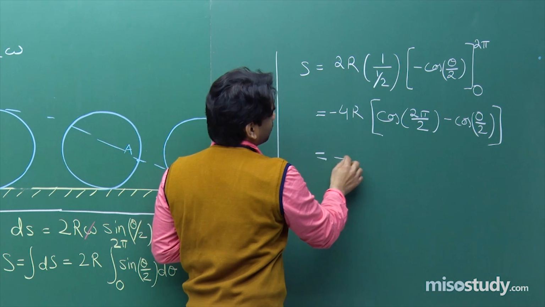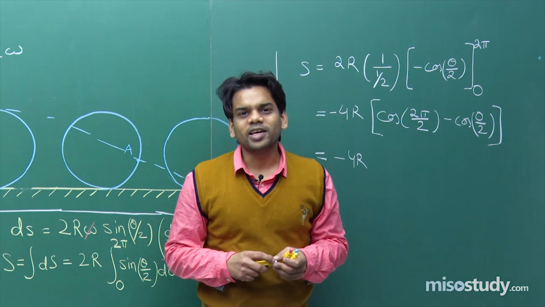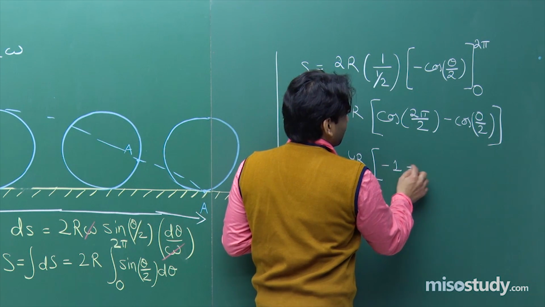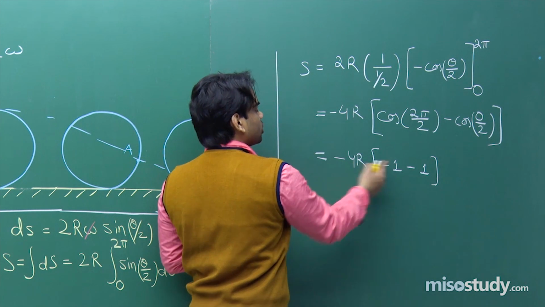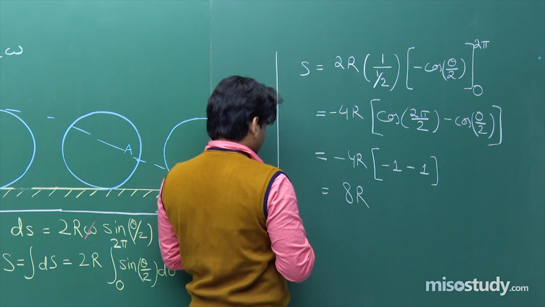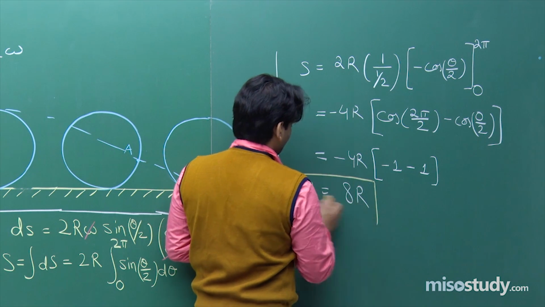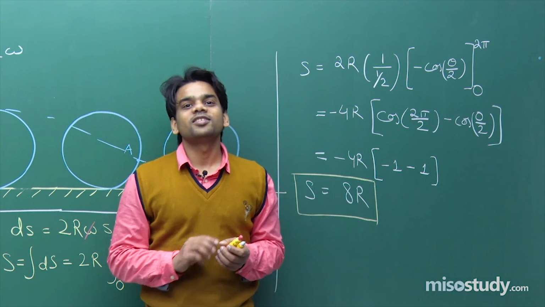Minus 4r, cos(2 pi by 2), the 2 will be cancelled out, cos pi. Cos pi is nothing but minus 1. So this will give you minus 1. Minus cos 0 is also minus 1. We are going to get minus 2. Minus 4r into minus 2, minus into minus is plus, we'll get 8r. That is, the linear distance traversed by the point A in one complete rotation is equal to 8r.